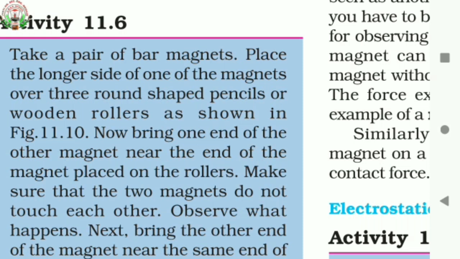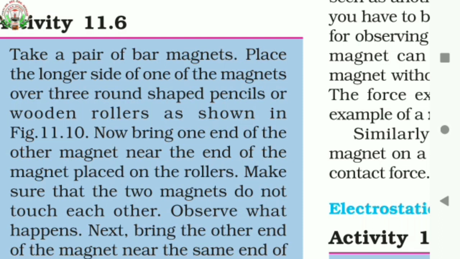And the second property is that like poles repel each other, which means a north pole repels a north pole and a south pole repels a south pole. Whereas unlike poles attract each other, which means a south pole attracts a north pole and a north pole attracts a south pole.